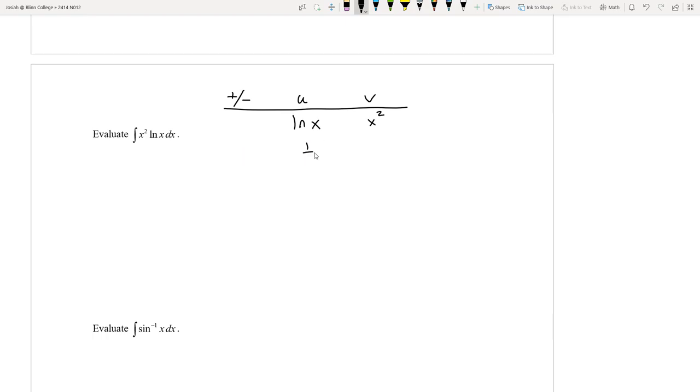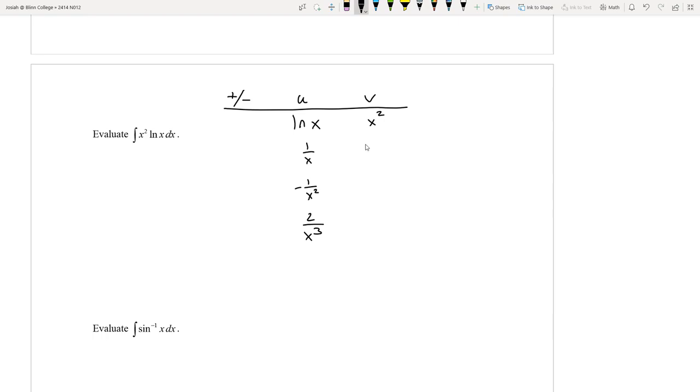So we'll take a few derivatives on this side, and as we go along here, we got 1 over x, that's x to the negative first, 2 over x to the third, and we'll go ahead and start with that and see what happens.